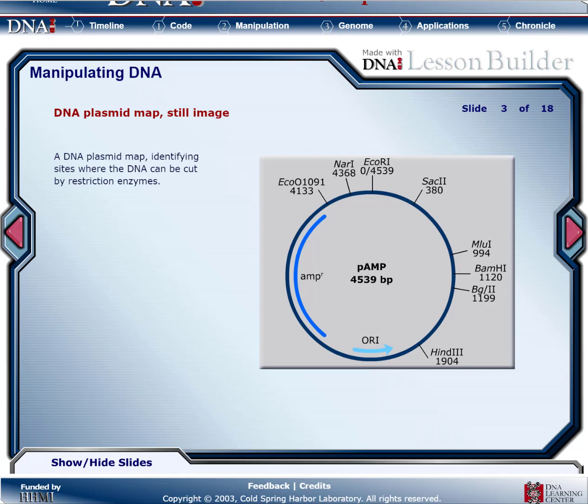So I'm going to take a note here, describe in general how the tool is used. So for restriction enzymes, I'm just going to put a little note here.